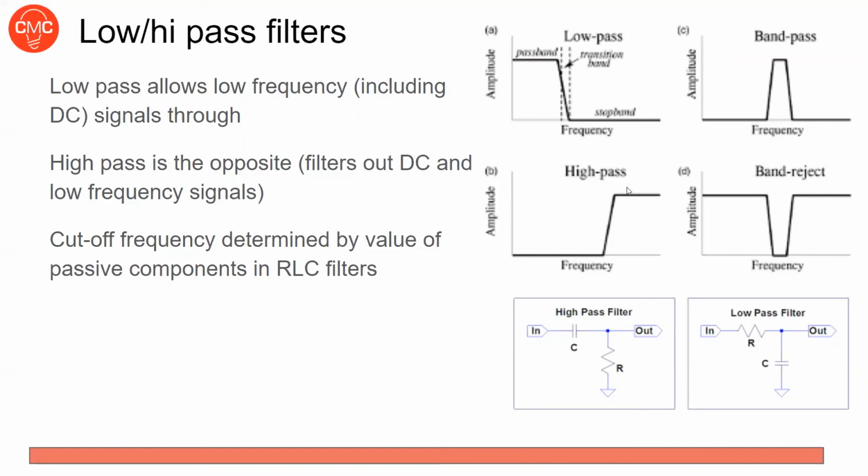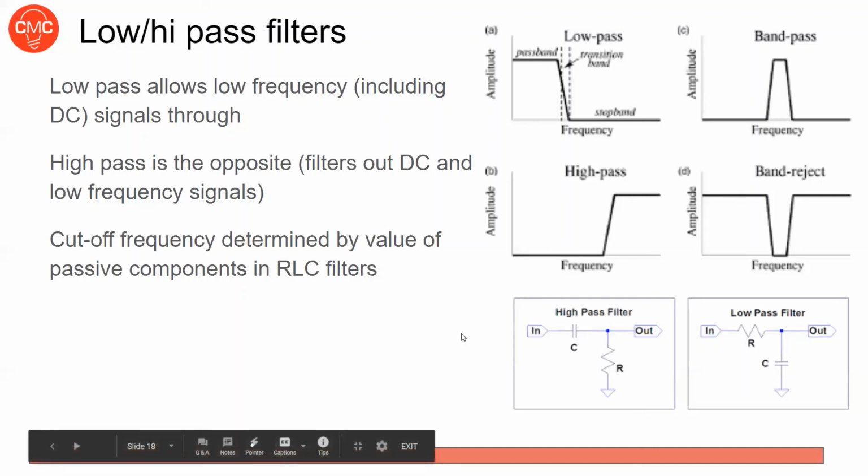The values, like what exact frequency it is going to switch at and what it's going to reject and let through, are determined by the values of your passive components in your RLC filter. So what resistor and capacitor do you use?